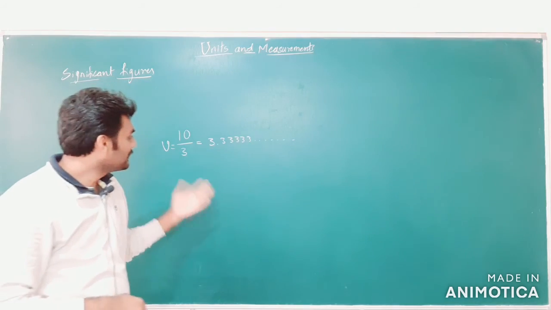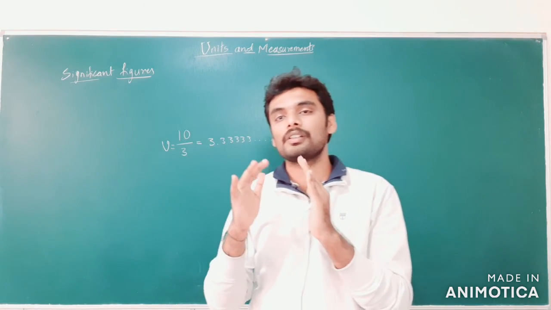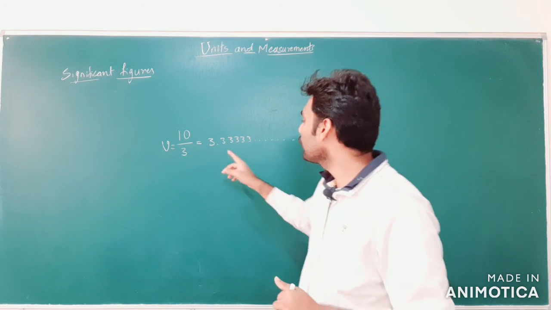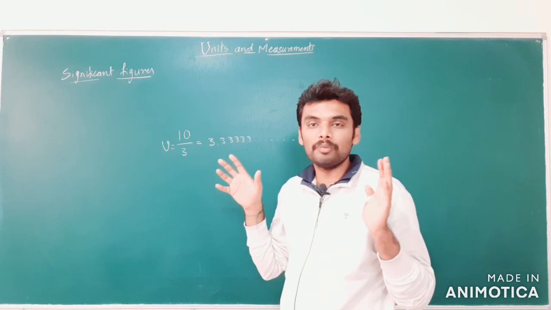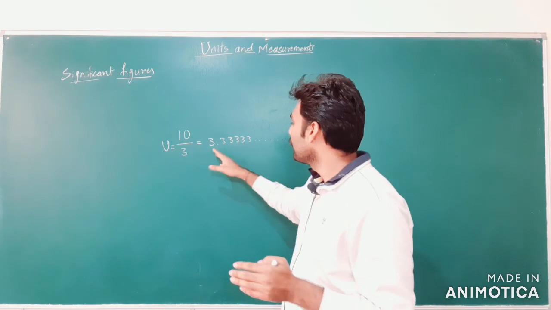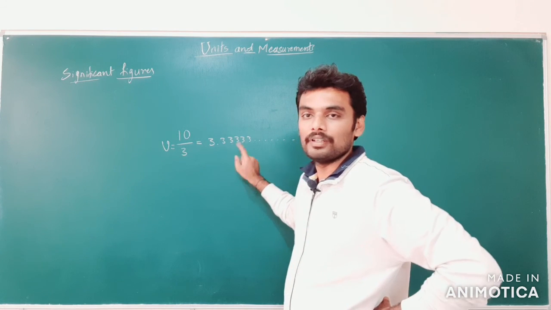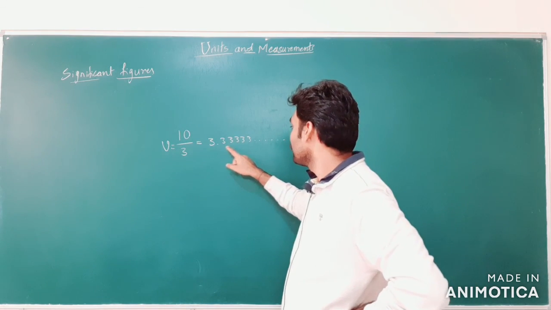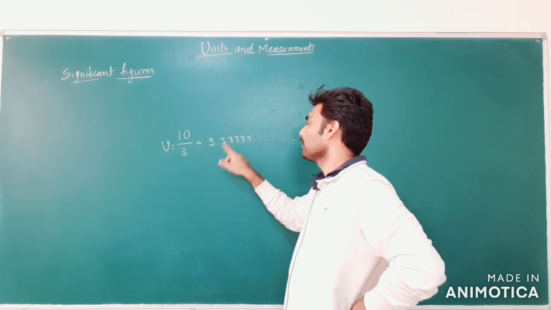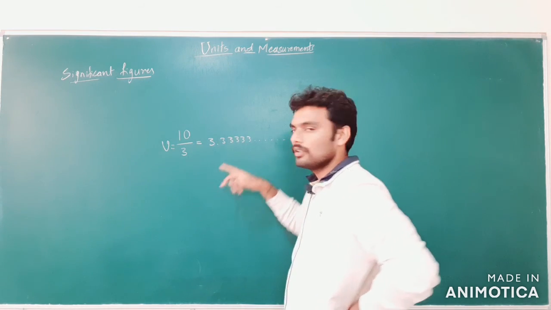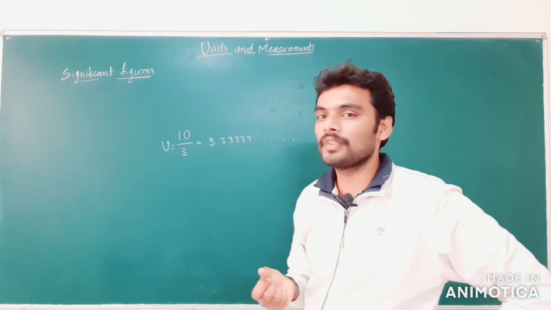So in this kind of situation, we need to have an idea of the significant number of digits, which means the important number of digits in this value, because I can round it off to 3.3, 3.33, or I can also take it as 3.333. How do we keep the actual measurement of velocity?